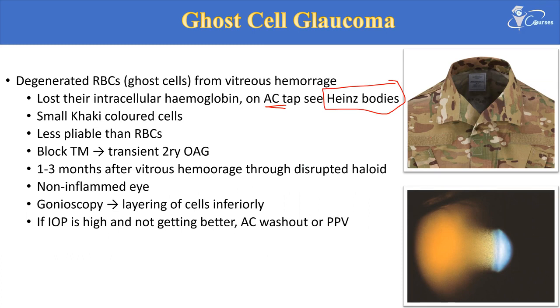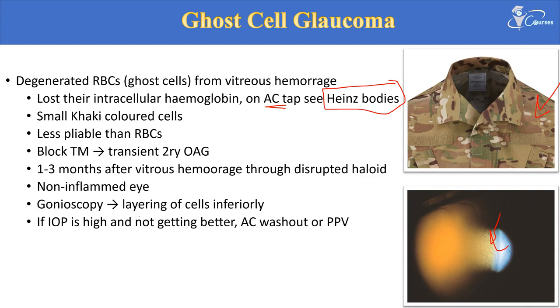These Heinz bodies appear khaki in color, the color of the army uniform. You will find small khaki colored cells in the anterior chamber. These degenerated or ghost cells are less pliable, so they tend to block the trabecular meshwork more easily, causing secondary open angle glaucoma, which occurs 1 to 3 months after vitreous hemorrhage through the disturbed hyaloid.